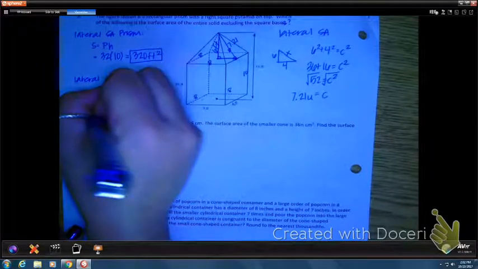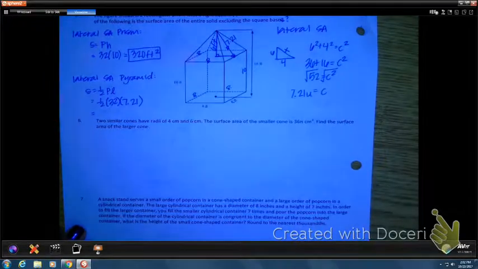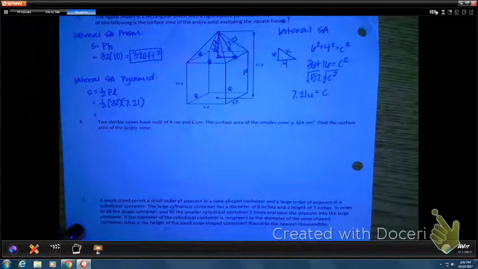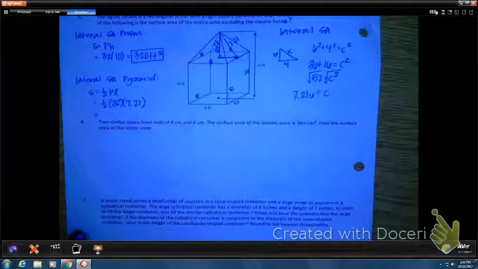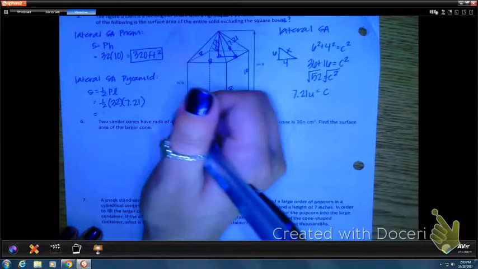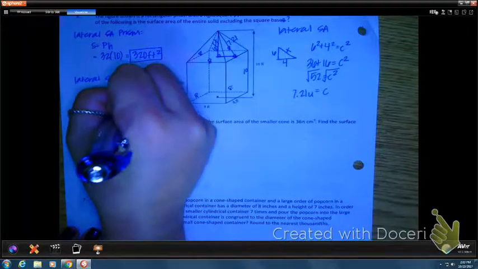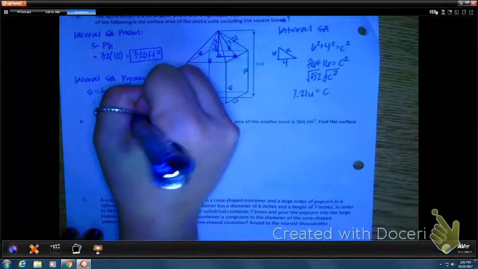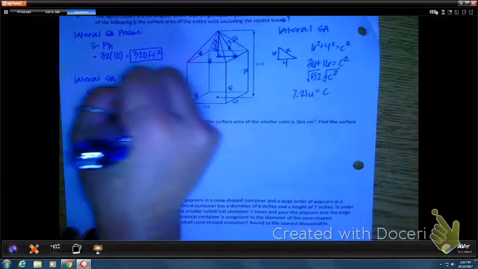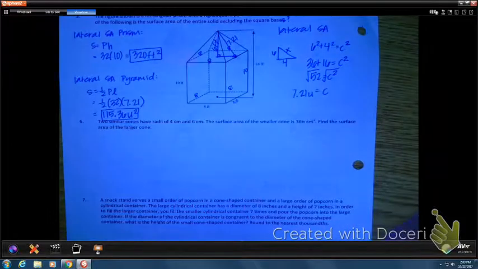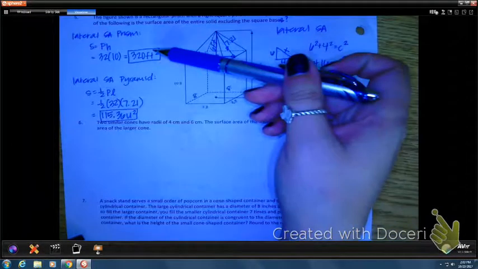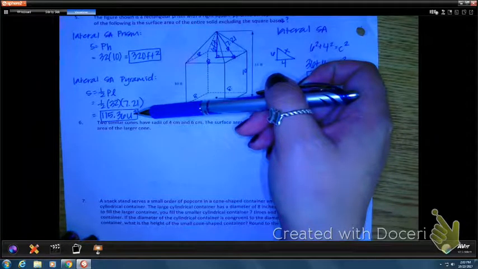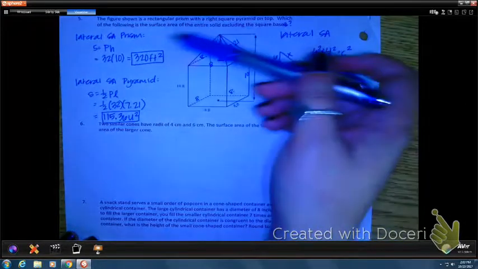32 times 7.21 times 1/2 is 115.36 units squared. So we just found the lateral surface area of the pyramid. It's asking for the total surface area, so what should we do?